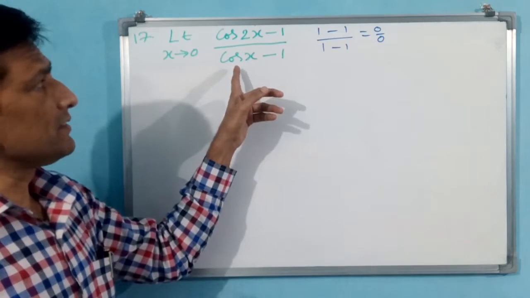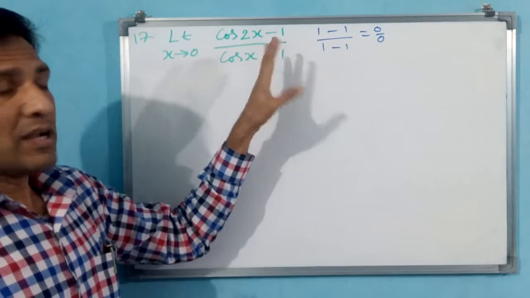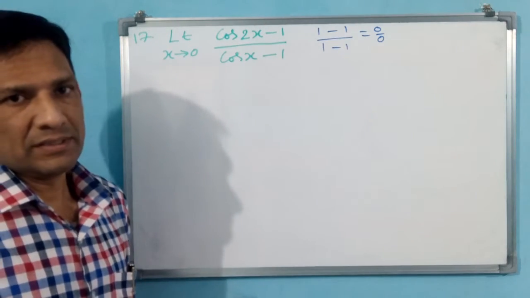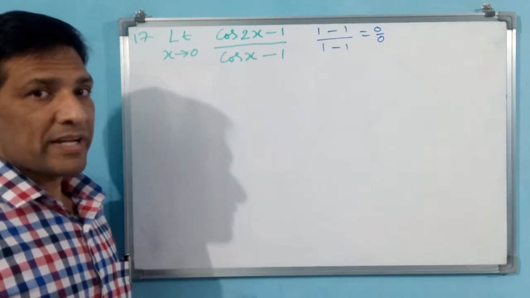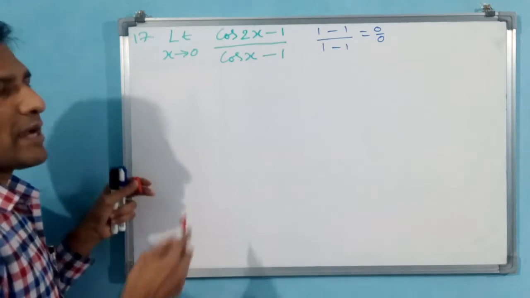See, it may be cos x minus 1 or cos 2x minus 1, but you have to change it to 1 minus cos x or 1 minus cos 2x. For that, a direct formula is there. If you make that, automatically minus has to be taken common. Let us take minus common. You see what I am doing.